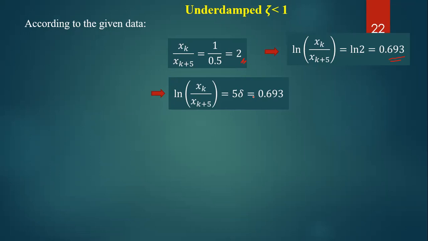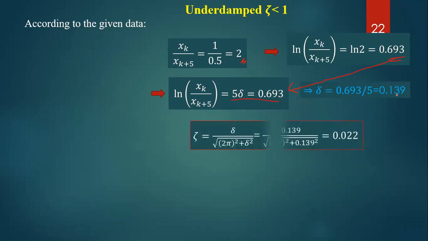So this value is equal to 0.693. So 0.693 is equal to 5 delta, which means delta is 0.693 over 5, which is 0.139. That is delta.